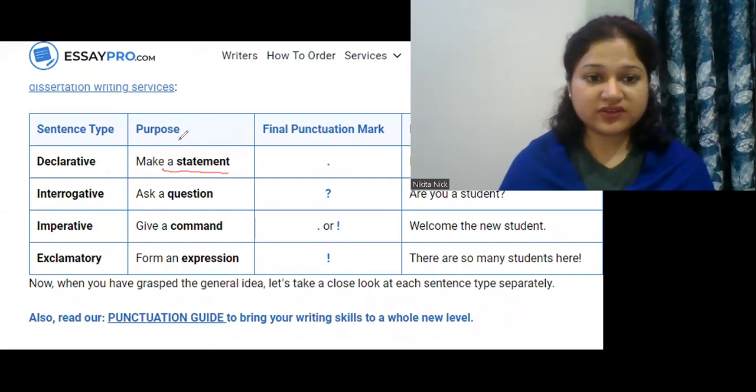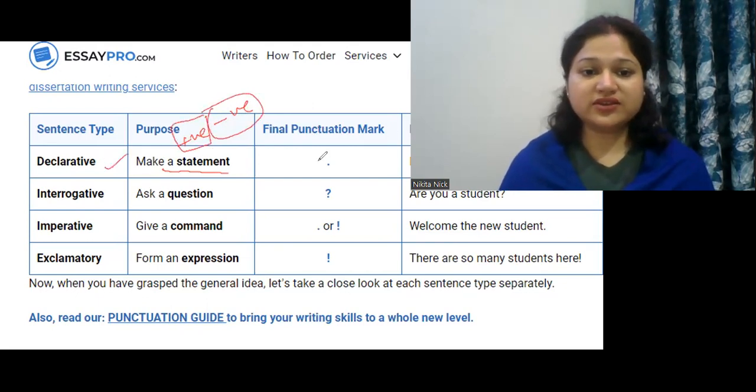It could be a positive statement or a negative statement, right? So, in a declarative sentence, we use punctuation like a period, or full stop, to end the sentence. For example, I am a student. I'm using this full stop at the end of the sentence.